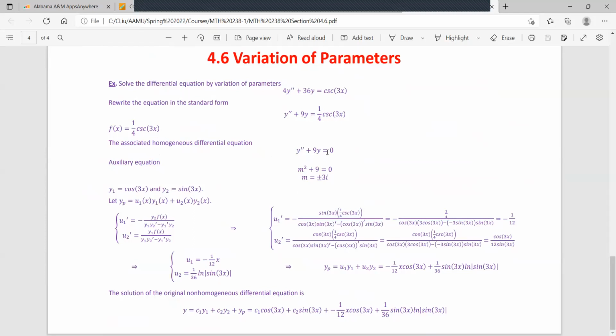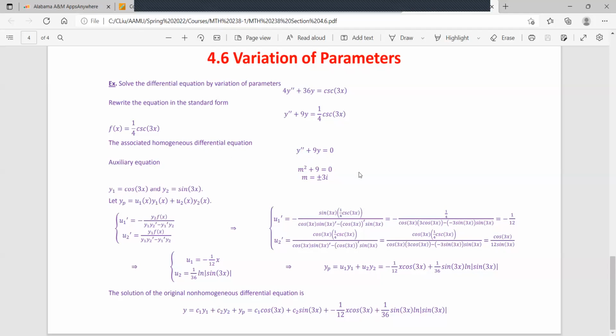We get y'' + 9y = 0, and we can easily solve it by plugging in y = e^(mx). After some simplification, you end up with the auxiliary equation m^2 + 9 = 0. Okay, that's always the case. You always get these kinds of things. And you can easily solve this equation by moving 9 to the right.